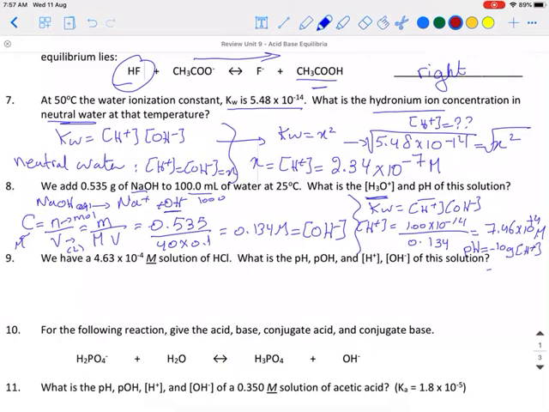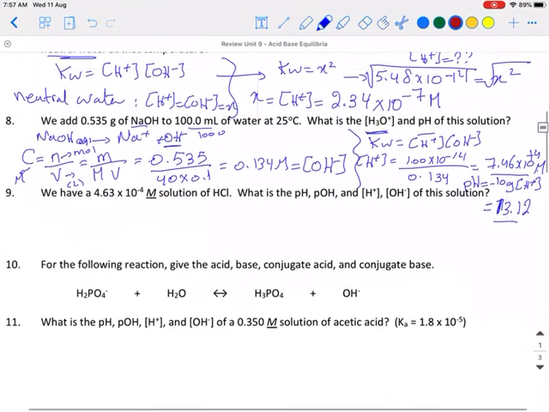Now pH equals negative log H plus. I substitute 7.46 times 10 negative 14, and the answer up to 4 significant figures will be 13.12. So this will be the answer for question number 8. OH minus will be 0.134, H plus is 7.46 times 10 negative 14, and pH is 13.12.